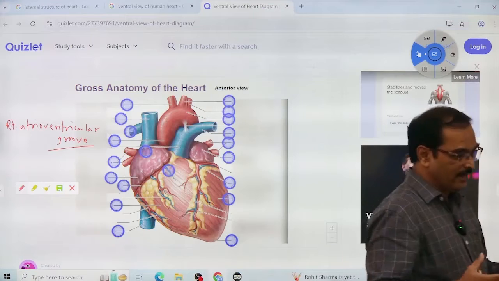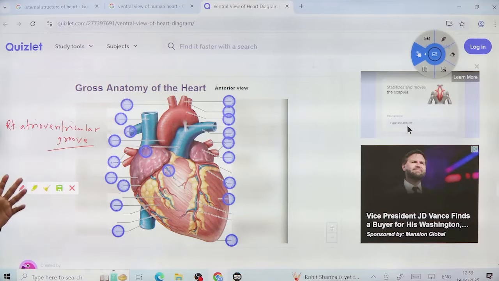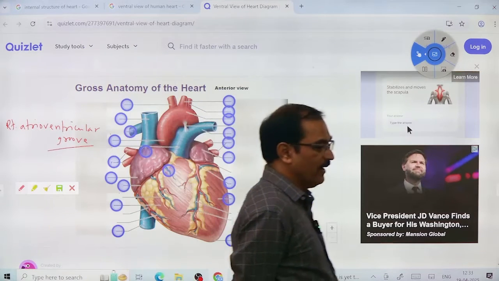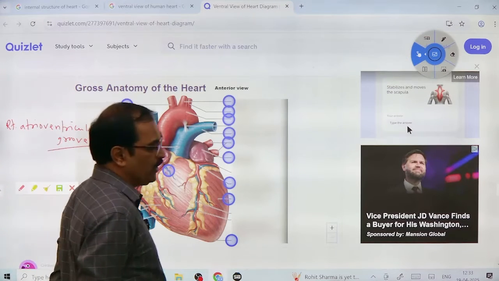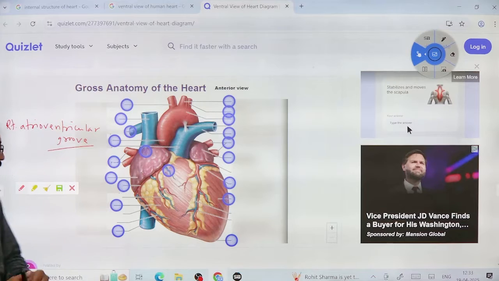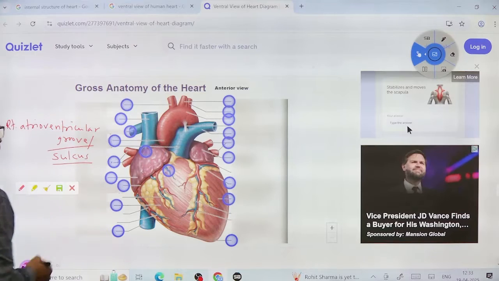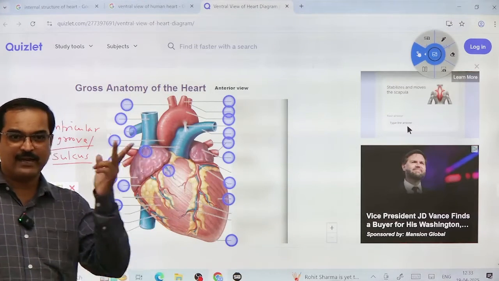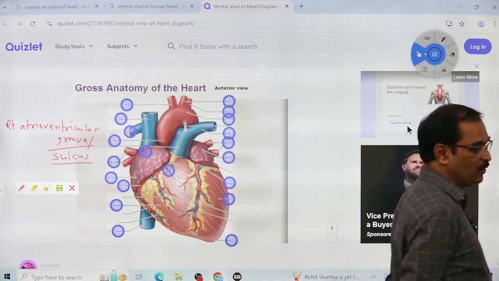In the external structure, the right atrium and right ventricle are separated by, write this, right atrioventricular groove. This groove is also called sulcus. Right atrioventricular groove or sulcus. And on the left side, how will you write? The left atrium and left ventricle are separated by the left atrioventricular groove.